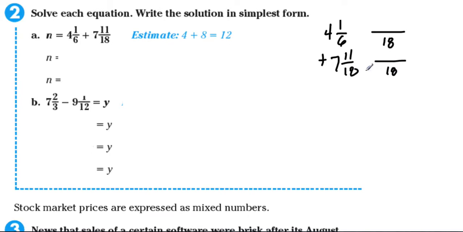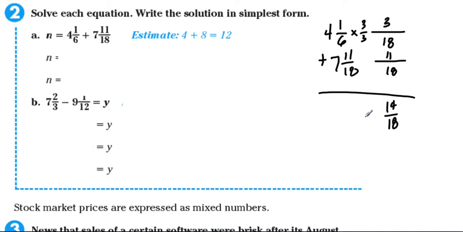And this remains 11 over 18, because you're simply multiplying it by 1. And this one you're multiplying 1/6 by 3 over 3, because that's what you multiply 6 to get to 18. So this becomes 3.